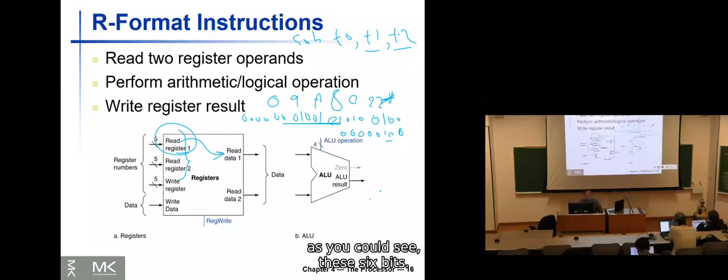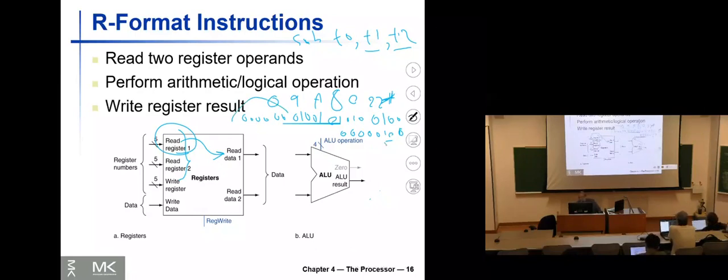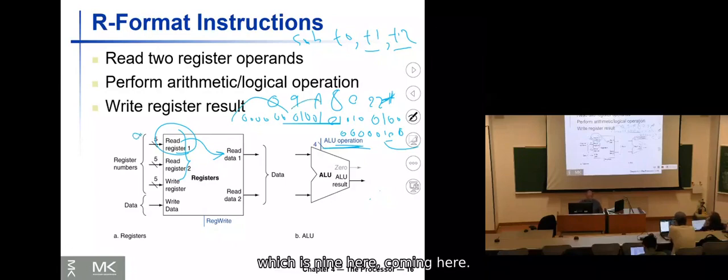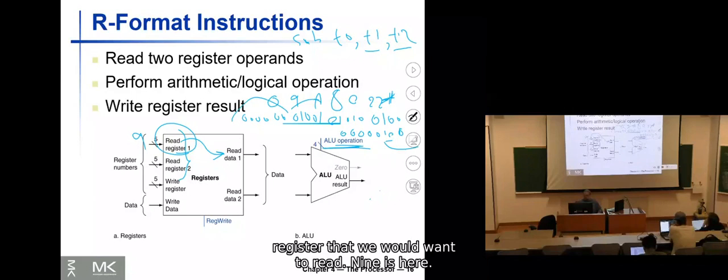As you could see, these 6 bits and these 6 bits go to the controller for generating the ALU operation. These 5 bits, which is 9, come here. This is the first register that we want to read.